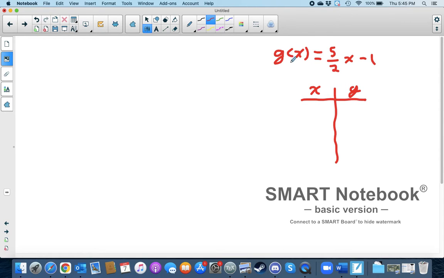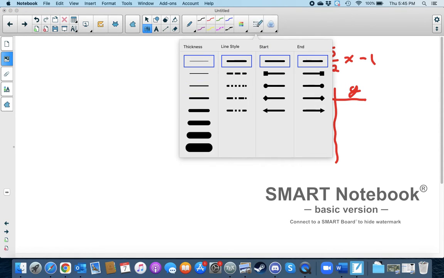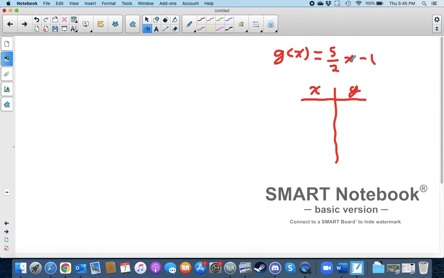We get to choose which x values we use. So the x values that I'm going to choose, one of them is going to be 0. 0 is always a good one to choose because 5 halves times 0 minus 1 is just negative 1. Now, because I have 2 in my denominator, I'm going to choose even x values. And you will see why here in a moment. I'm just going to do negative 2 and 2.